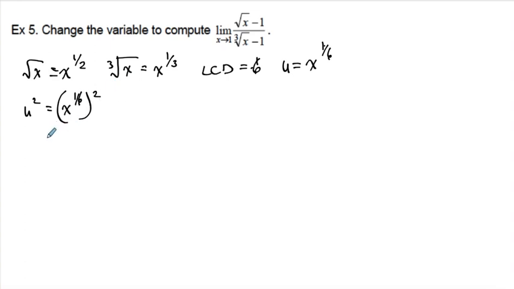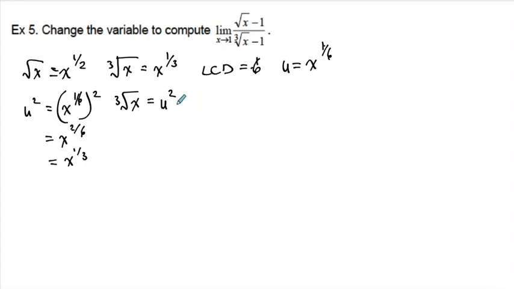So we multiply the exponents, and that's going to give us x to the 2/6, which will simplify to x to the 1/3. And x to the 1/3 we know is the same as the cubed root of x. And so I can now write the cubed root of x as u squared.